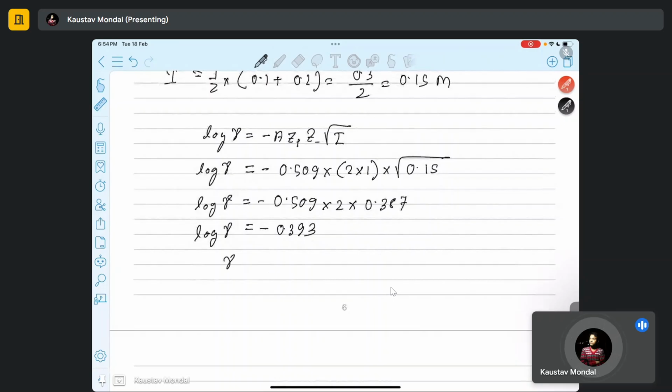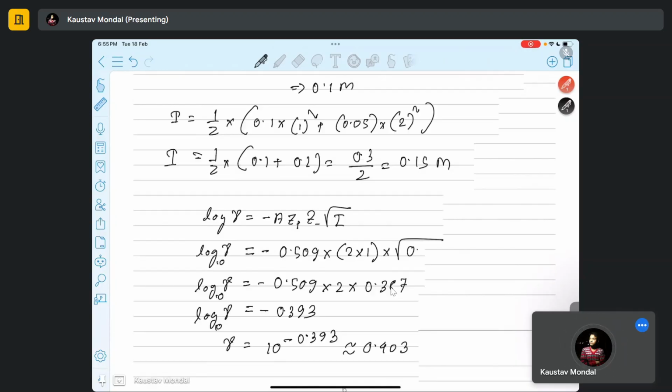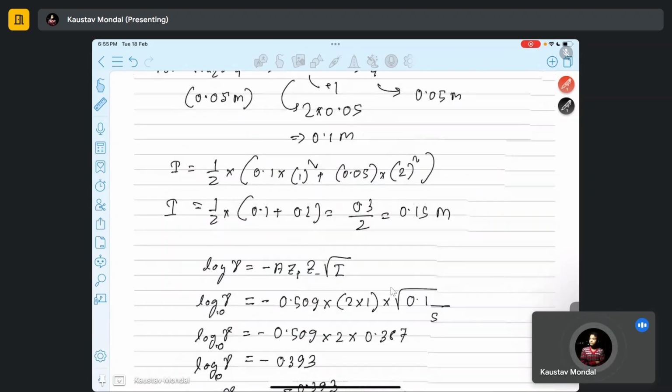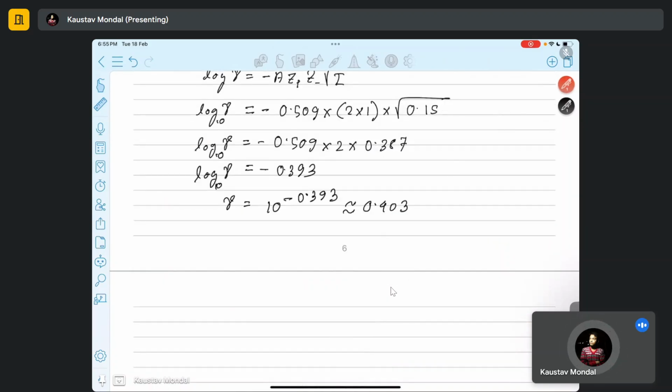From here, gamma would simply be 10 to the power 0.393, since this log has base 10, which is approximately equal to 0.473. Not exactly, approximately, because we have to match the answer with the options. The closest answer comes to this. Okay, so this is basically how you calculate it.